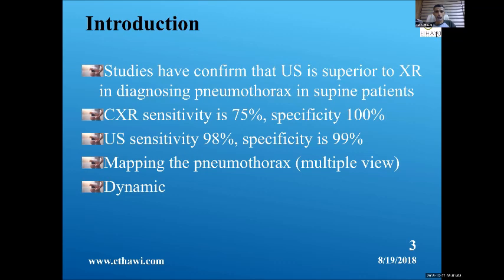However, the sensitivity of ultrasound is much better than the X-ray, about 98%, and the specificity is 99%. Also, the ultrasound can map the pneumothorax, has multiple views and is live, and we can have continuous dynamic serial studies.